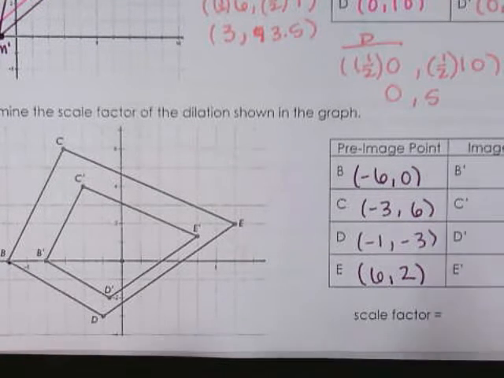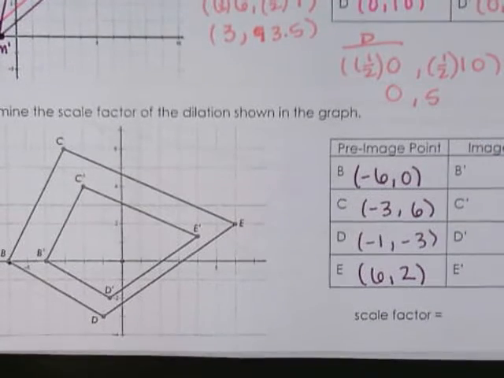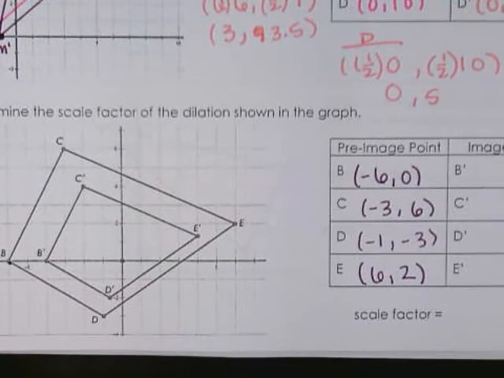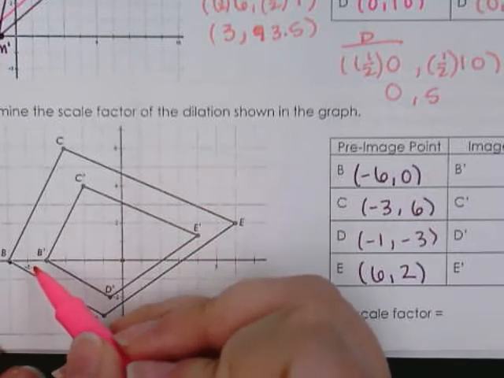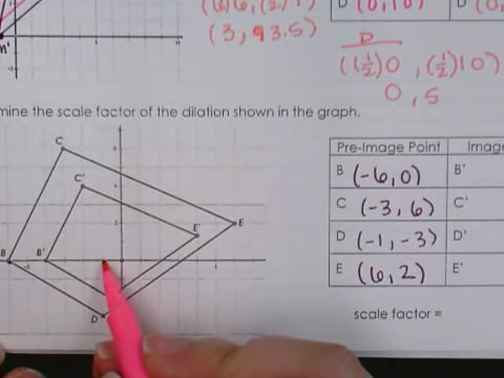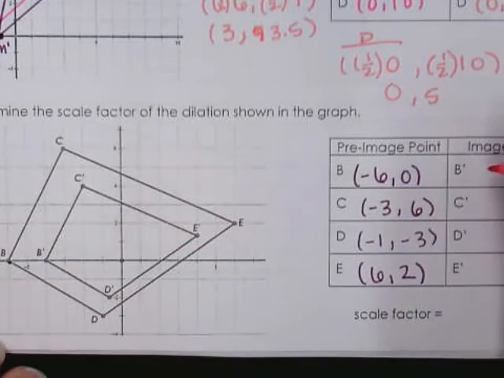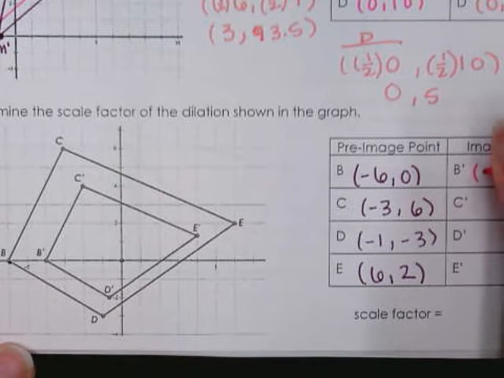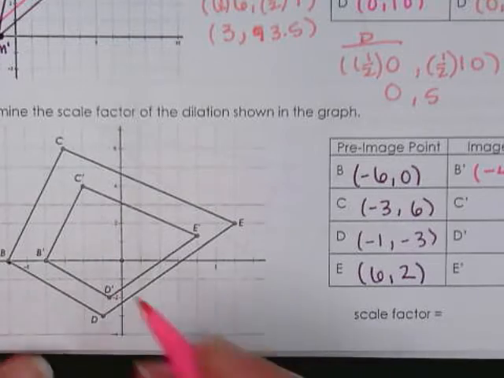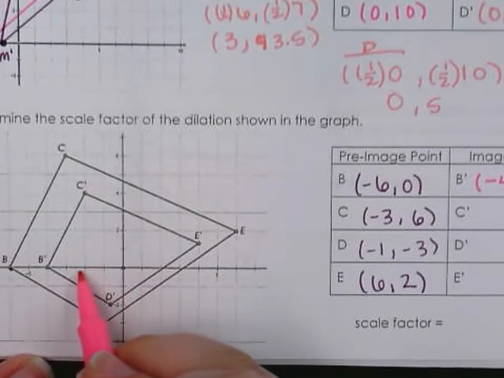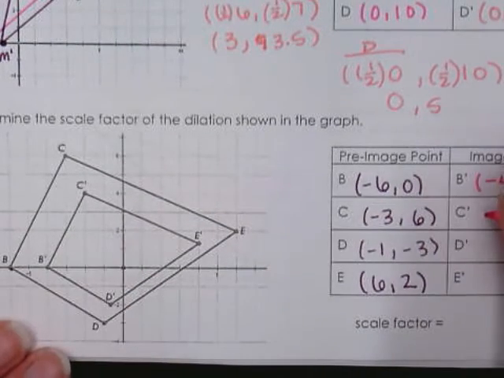Now let's go ahead and find the image points. So for the image, we're looking at B prime now. For B prime, I go over 1, 2, 3, 4 to the left, and I don't go up or down at all. So that's (-4, 0). For C prime, we go left 2 and then up 4. So that's (-2, 4).